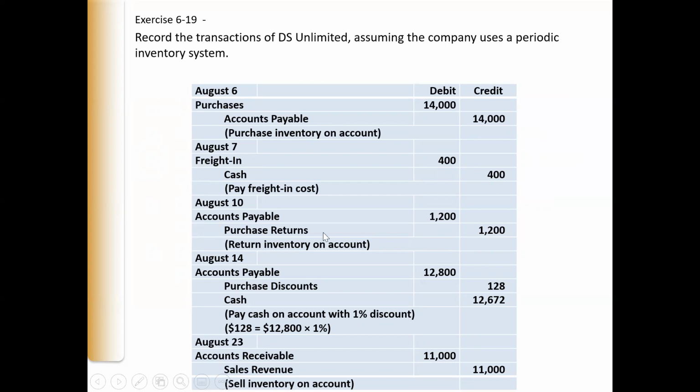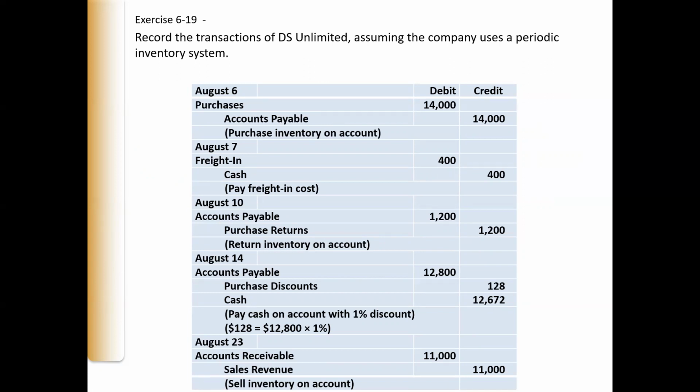When we return items, we debit our payable and we credit purchase returns. When we pay for the product, we debit our accounts payable, but we also credit purchase discounts.